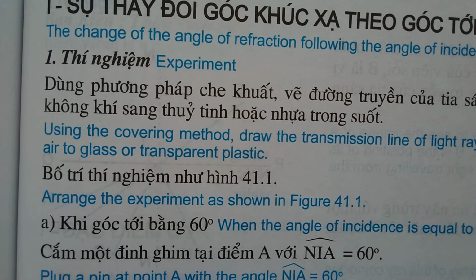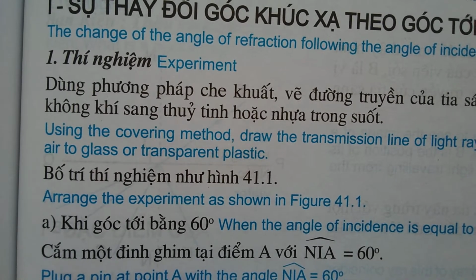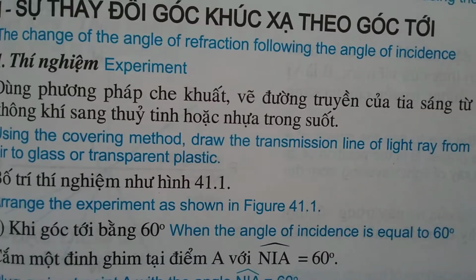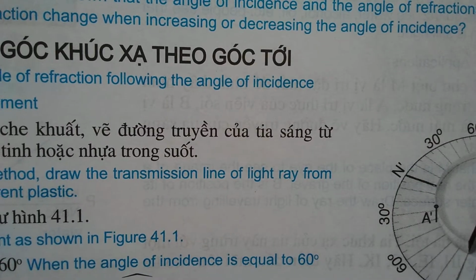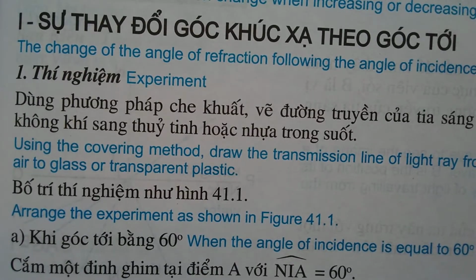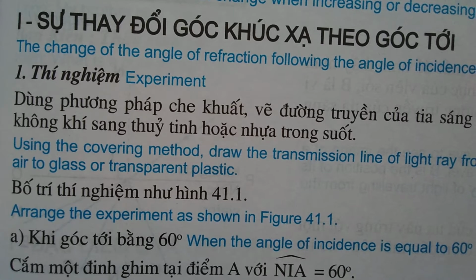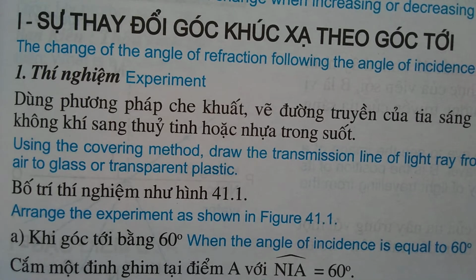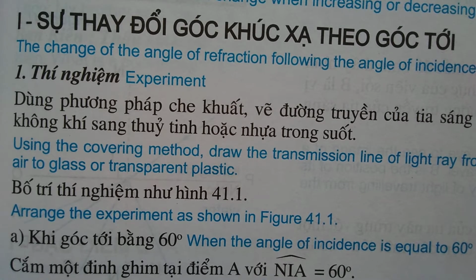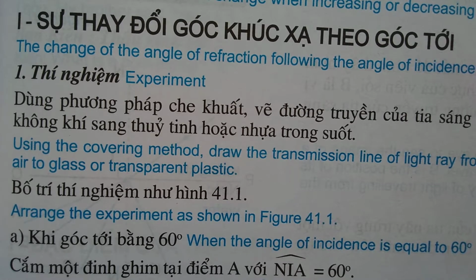Using the covering method, draw the transmission line of a light ray from air to glass or transparent plastic. Arrange the experiment as shown in figure 41.1.